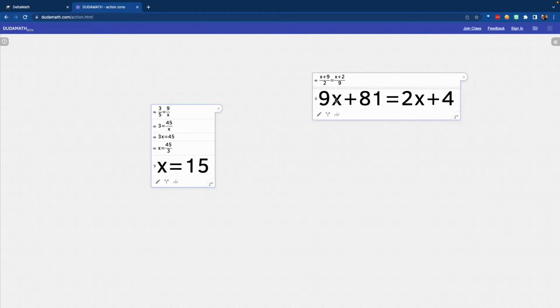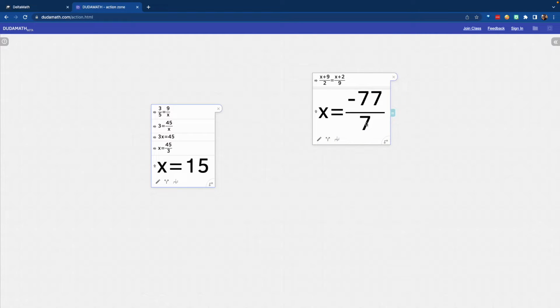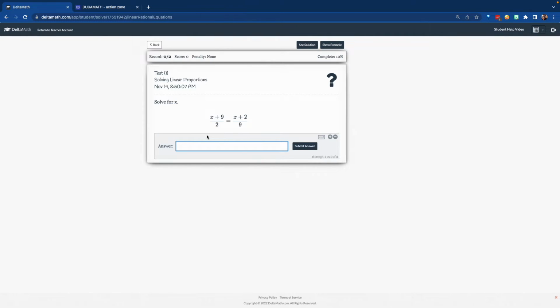The goal is to get that x by itself, so I'm going to group the x's by subtracting 2x from both sides, and then I'll group the constants by subtracting 81 from both sides. Gives me 7x equals negative 77, and now I just want to divide the negative 77 by 7, which gives me negative 11. So for this answer, I would write negative 11.